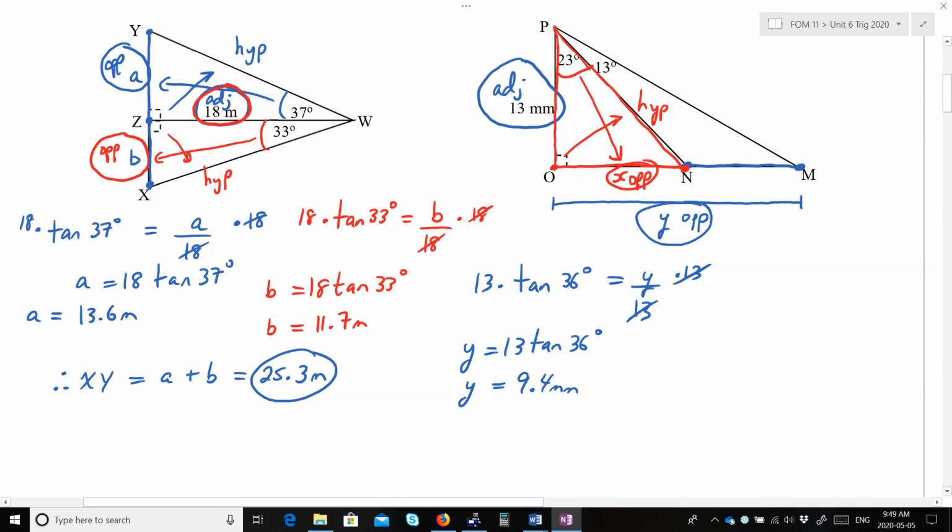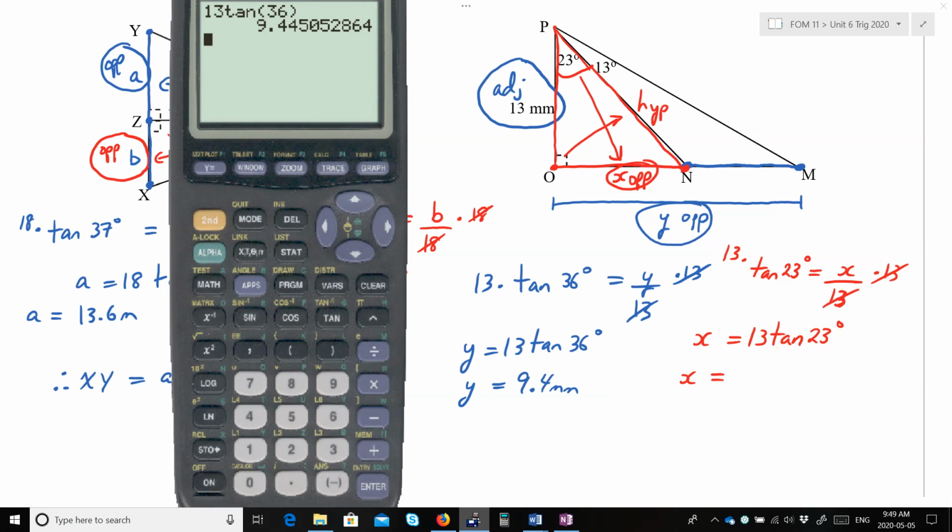Looking for opposite, and I have adjacent, so that's tan again. So tan of 23 degrees is equal to the opposite, X, over the adjacent, 13. Multiply both sides by 13 to get X equals 13 tan 23 degrees, which is 5.5.